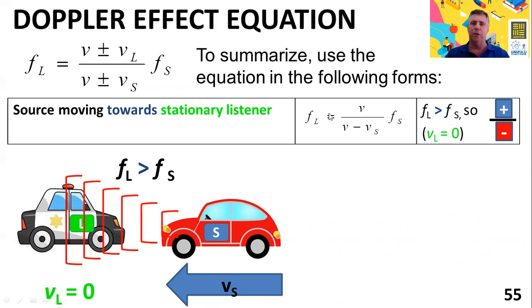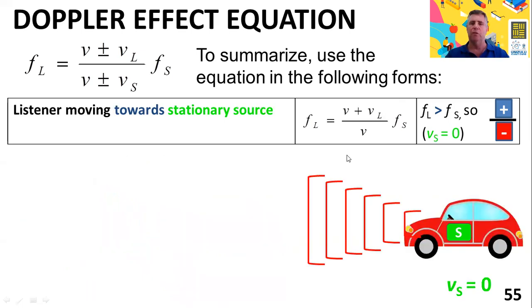Now, if you want a fraction to be greater than 1, then you need a plus sign on the top and a minus sign on the bottom. So we simply use the form which has the plus on the top, which we don't see because VL is 0, and the minus sign at the bottom. So all you need to remember is to substitute in VL equals 0, and that it is plus over minus. And you will very simply come to that.